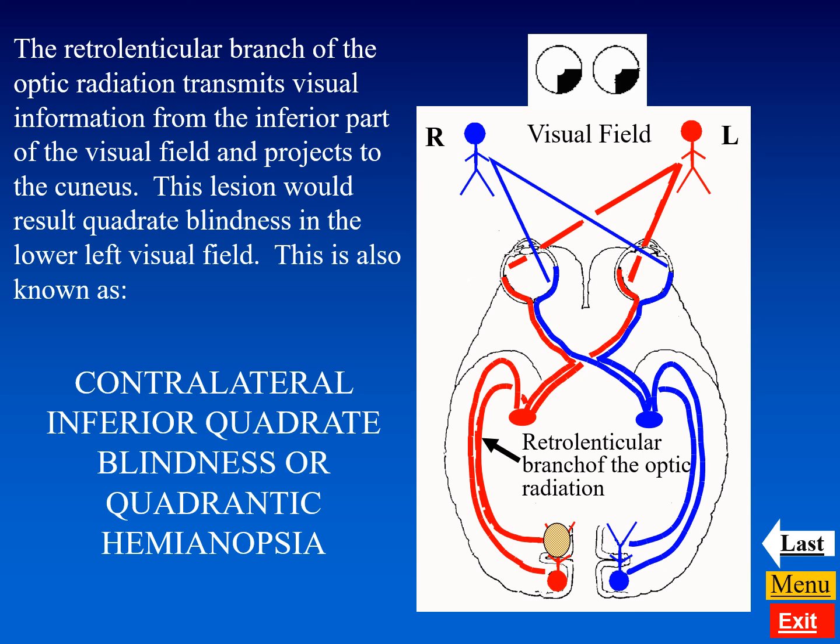And thus in the image at the top of this cartoon, we see that the blackened area in the center is not filled out because of macular sparing. If the lesion was in the retrolenticular branch of the optic radiation, in that case there would be no macular sparing.